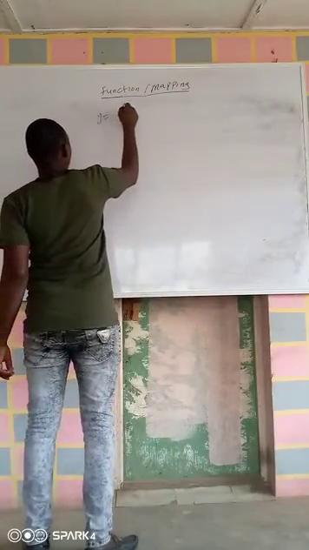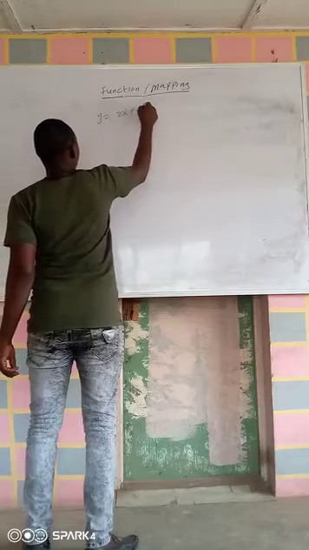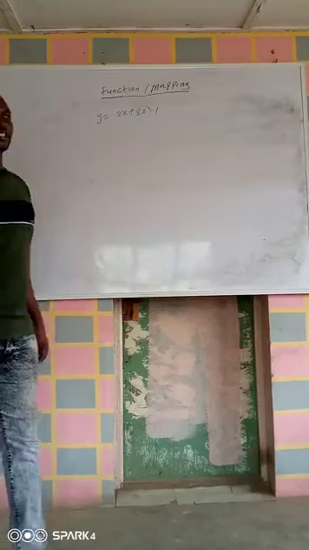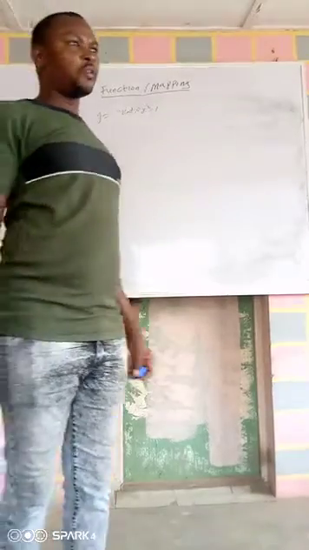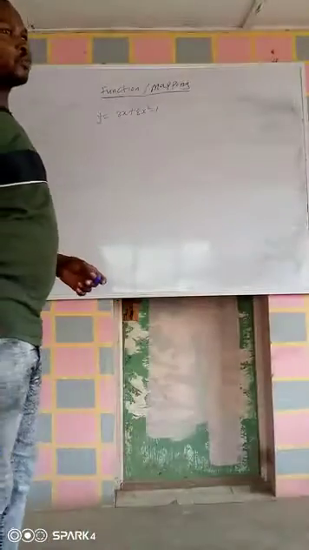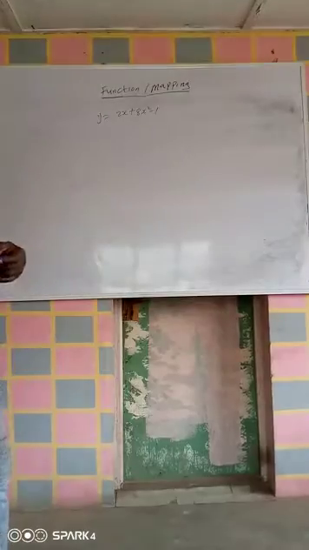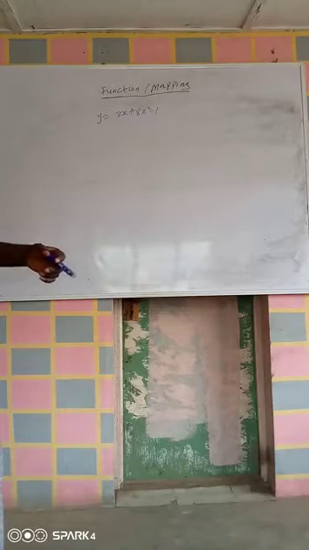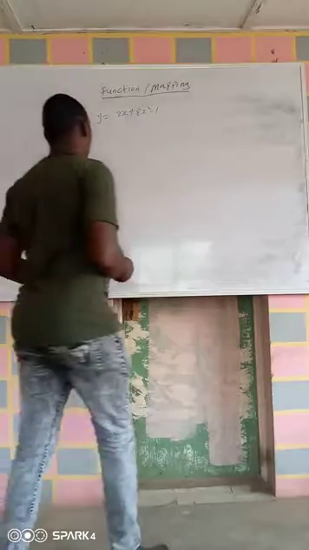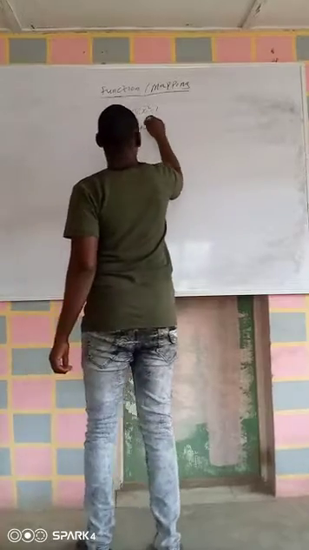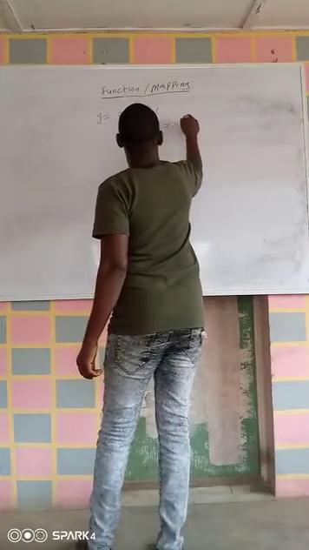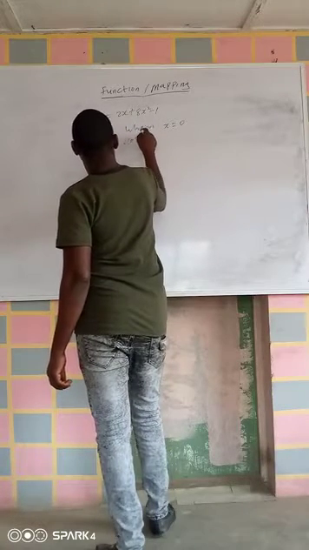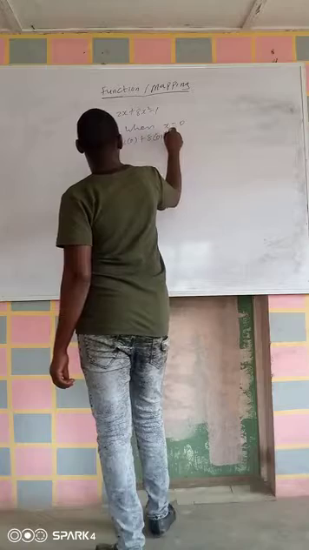The example we are going to take now is let's assume we have y equals to 2s plus 8s squared minus 1. This is non-restricted domain because we are not given any value to substitute. Rather, we are going to test with our own values. We test with the positive integer and the negative integer. So when s equals to 0, we have y equals to 2 into 0 plus 8 into 0 squared minus 1.